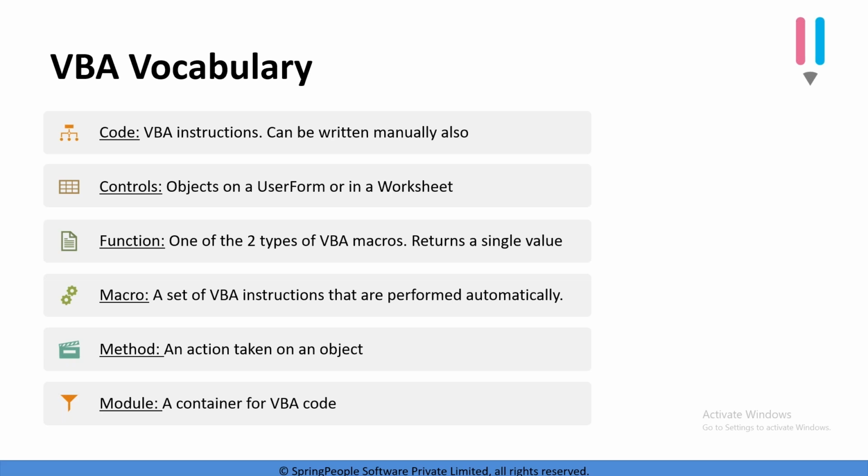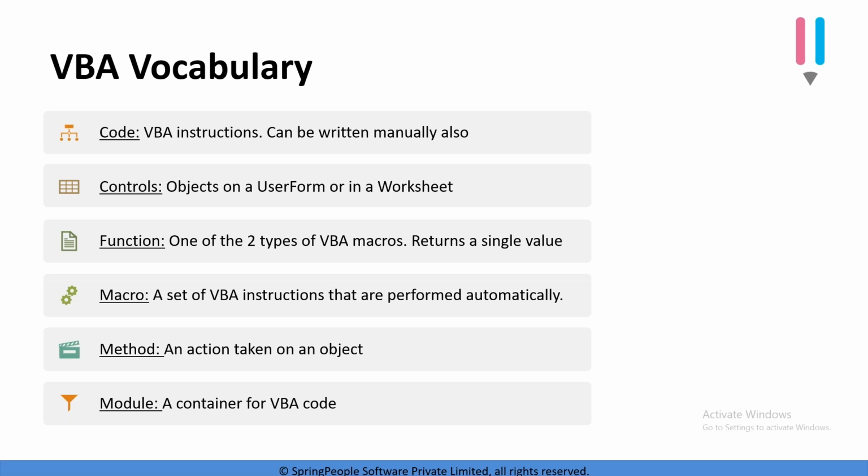Now, some of the vocabulary, some of the VBA words that we use, I have just listed some of them here for you. We write everything as sub procedures. The sub procedures that we write are given another name and they are called macros. Any sub procedure you write starts with a sub and ends with an end sub.